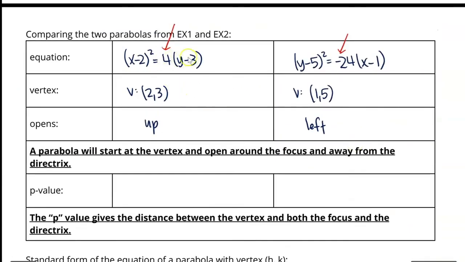If the y was singular, not squared, and we had factored out a negative, it would open down. And this one, if it had been a positive number that we factored out, then it would have opened to the right. So that's something handy that we can tell from looking at the equation.